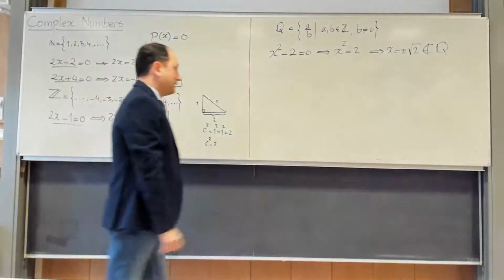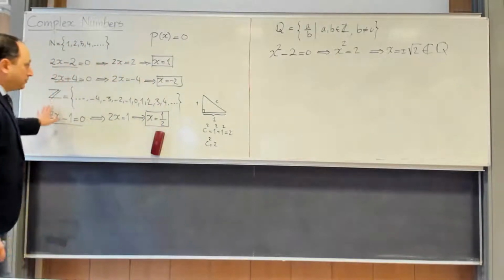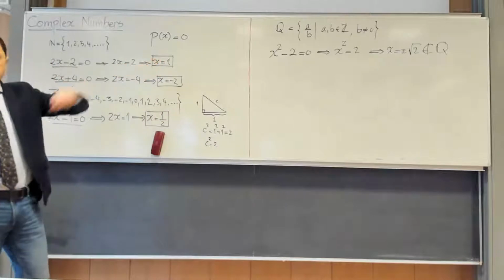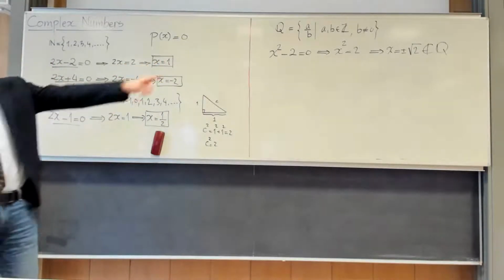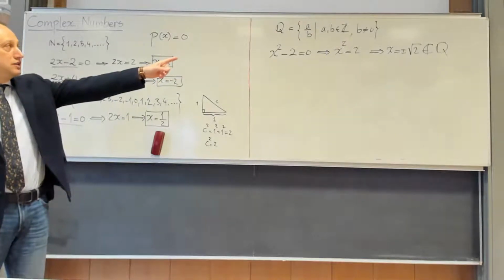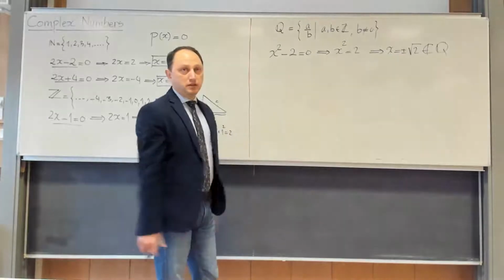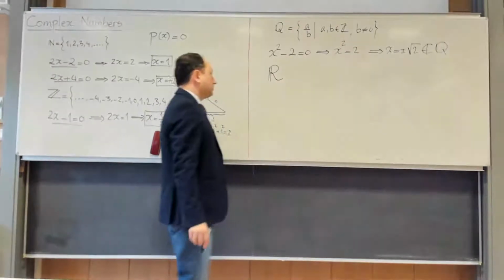So if I stop there, many of the equations can be solved in that set, but still there are some polynomials that cannot be solved. So we start appending these types of numbers, called irrational numbers, to this set and make the set bigger. That set is called the set of real numbers.